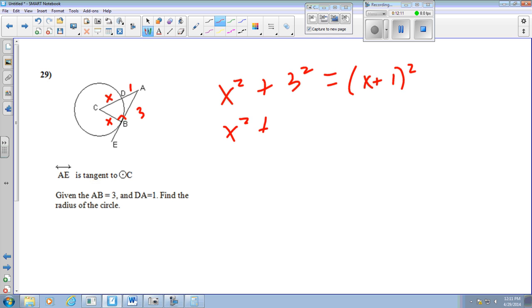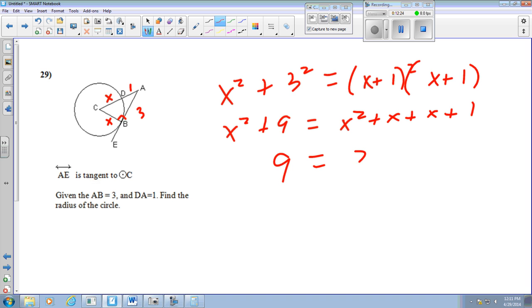So I get x squared plus 9. Remember, we would FOIL over here, so I get x squared plus 2x plus 1. Subtracting x squared from both sides, I get 9 equals 2x plus 1. 2x equals 8. x must be 4.